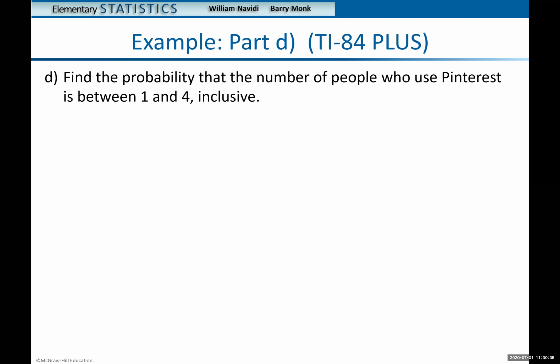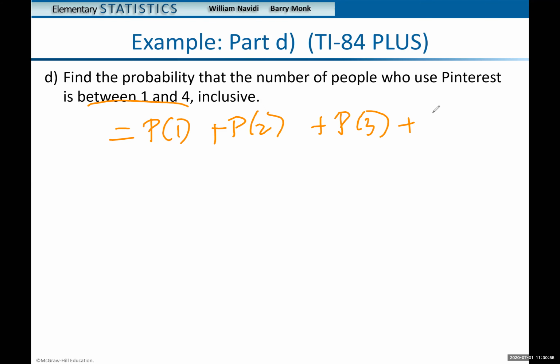Between 1 and 4, inclusive, so meaning including 1 and 4. So meaning you need to get 1, 2, 3.